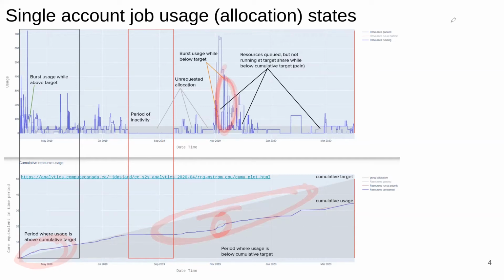Okay. Now, the pain metric that we are specifically identifying whenever we are alerting in our monitors are situations like this right here, where the account is currently below the target share.